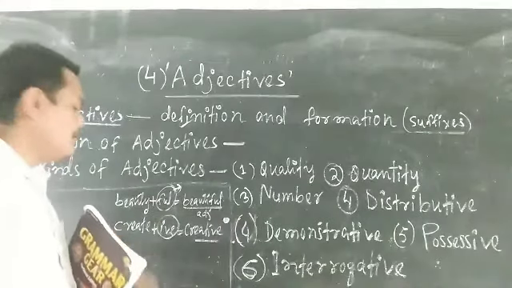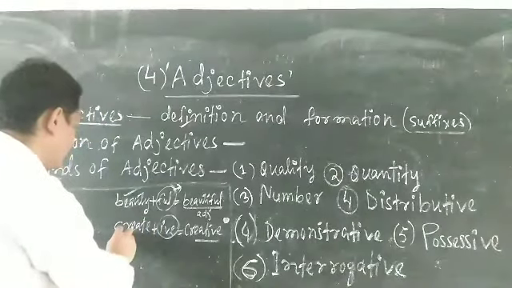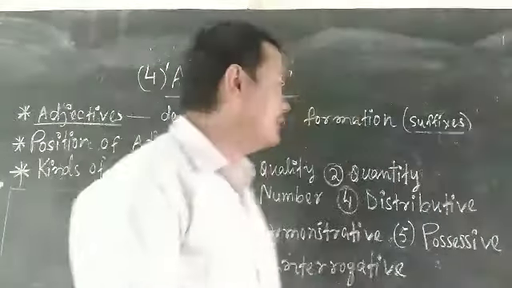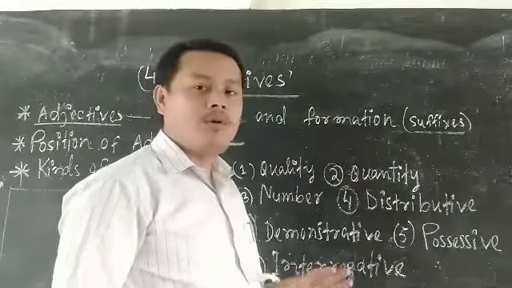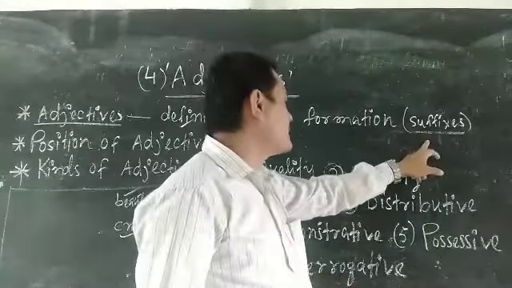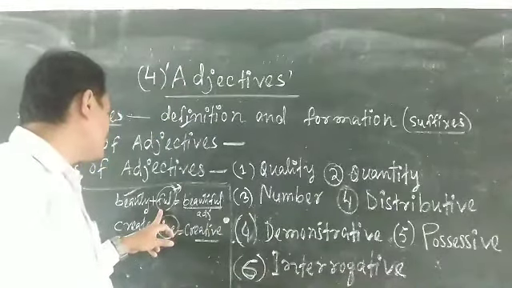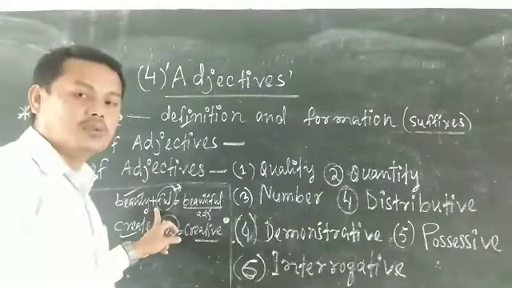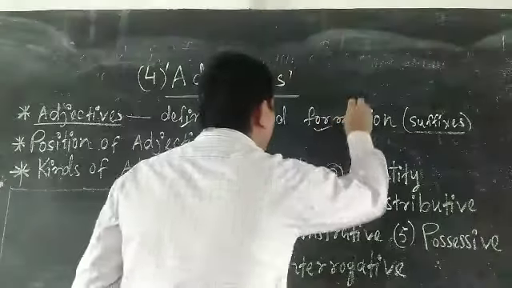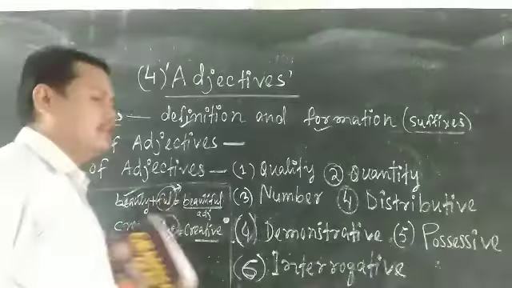So we can see adjectives can be formed from nouns as well as verbs. So my dear students, just learn how adjectives are formed. Adjectives are formed by using suffixes, and suffix means a group of letters which are added after the word. This is how we can form adjectives from nouns and from verbs.